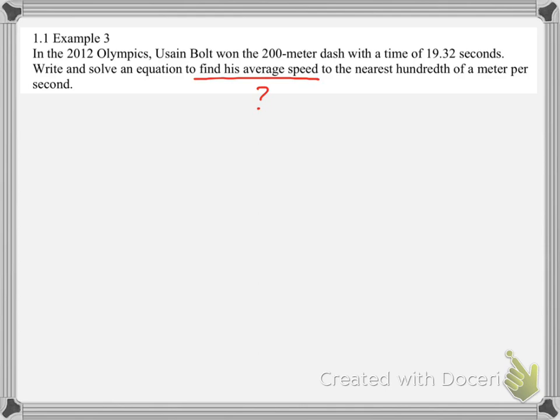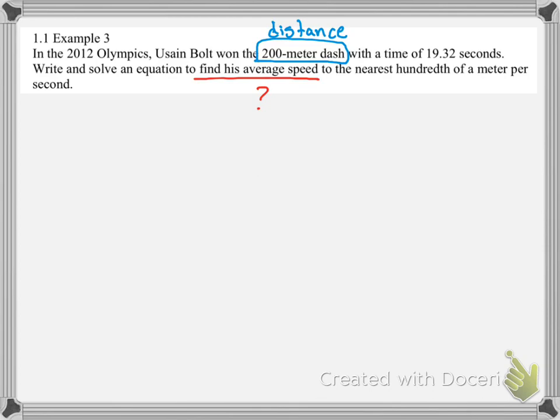What information do they give us in this problem? 200-meter dash. What does that 200 meters tell us? How far he ran, the distance. So I'm just going to label in my problem, this is a distance.